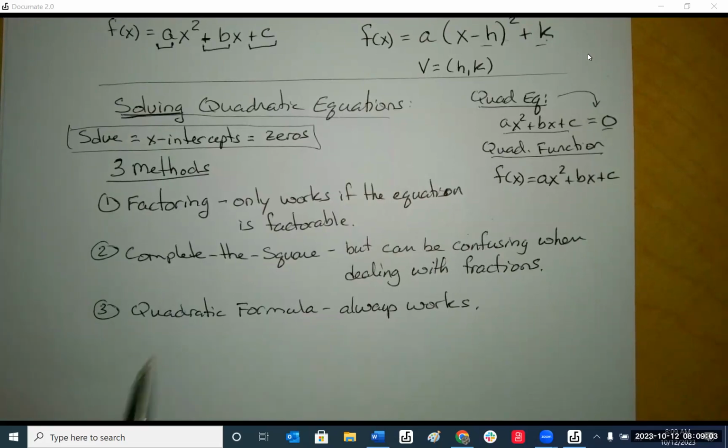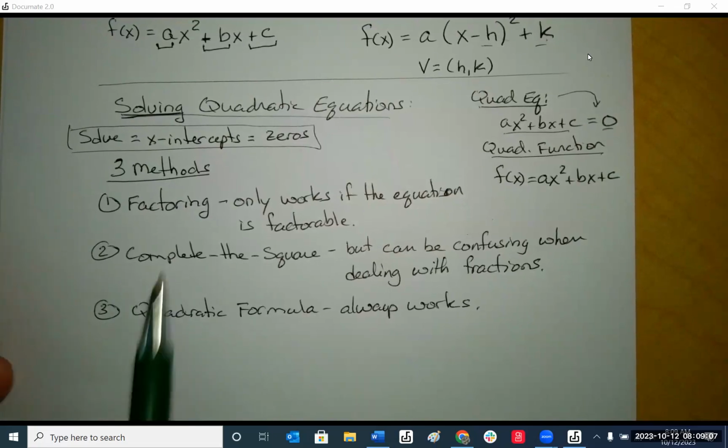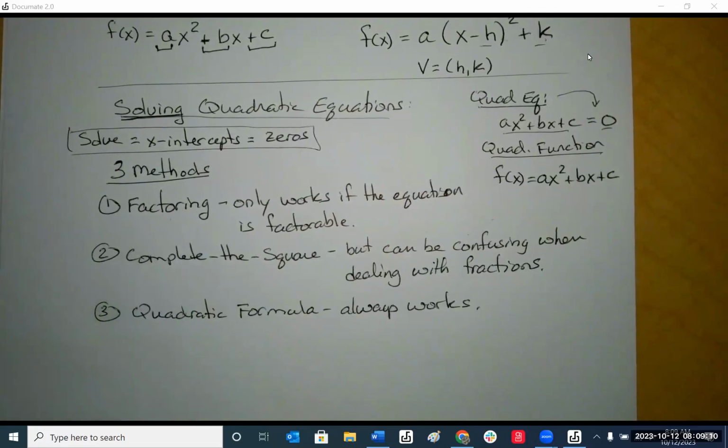You may ask, then why don't we just learn how to use the quadratic formula? But sometimes you could look at some of these equations and factoring would be much faster. Or when you're looking for a vertex or one in another form, complete the square may be easier because it'll put it in a whole different formula.